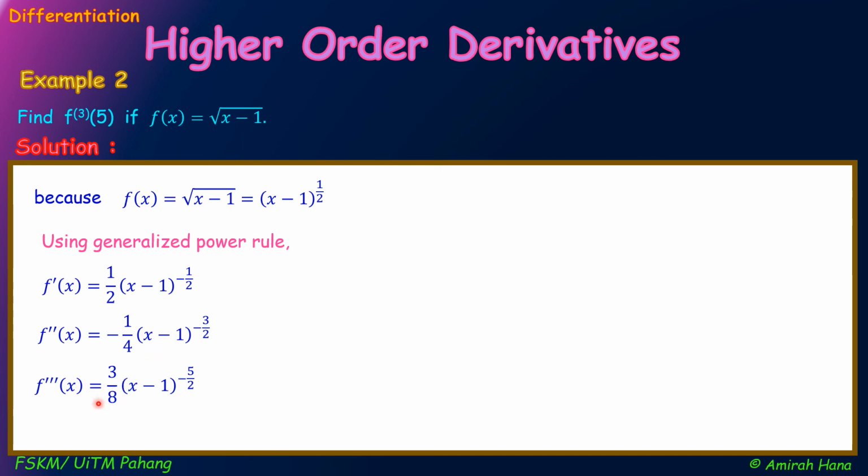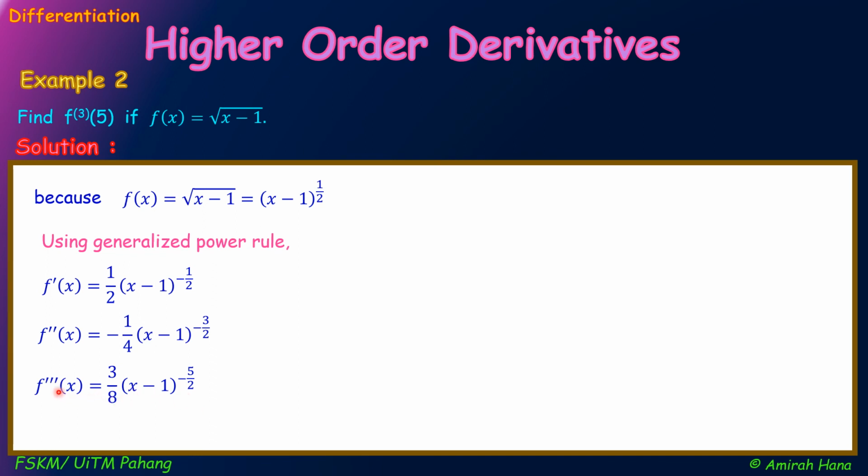After we differentiate f double prime, we have f triple prime x equals 3 over 8, because we multiply negative 3 over 2 and negative 1 over 4 here. And then (x minus 1) to the power of negative 5 over 2, because from negative 3 over 2 we minus 1. That's why we get the power of negative 5 over 2 here, right?